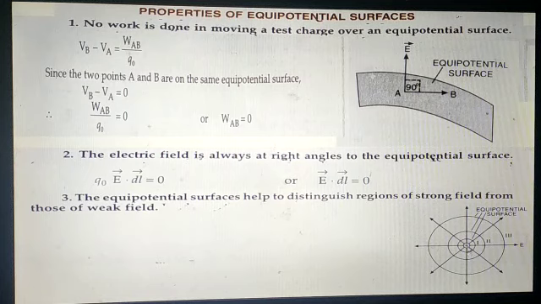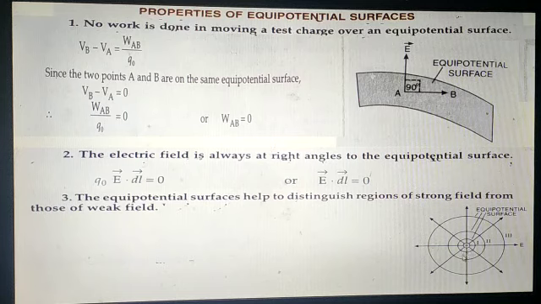Look at a charged particle. Suppose a positive charge Q is there. Now look at the electric lines of force and the equipotential surfaces. They will naturally be spherical in shape because every point on the sphere is equidistant from this charge. So the potential will be the same along this sphere.